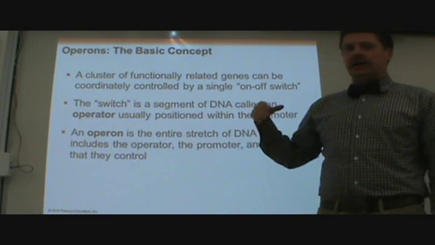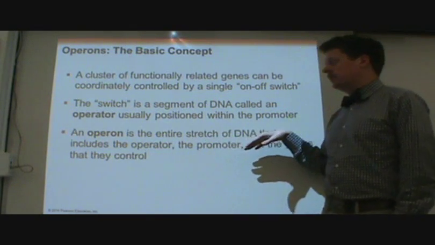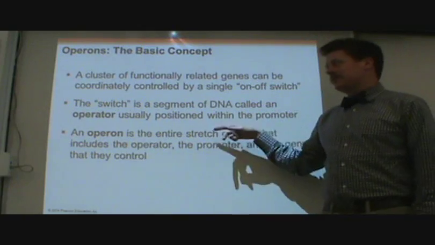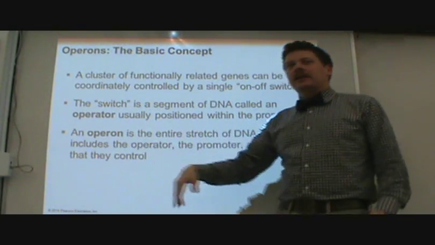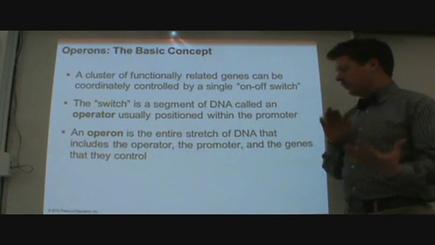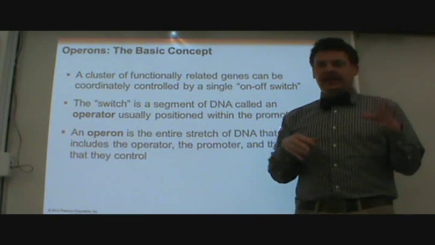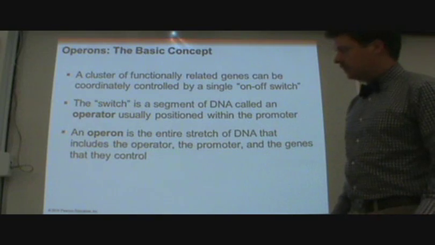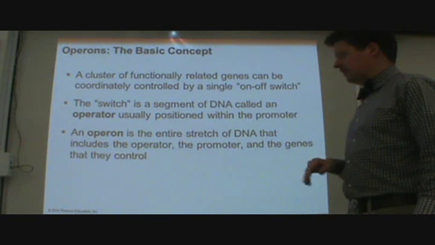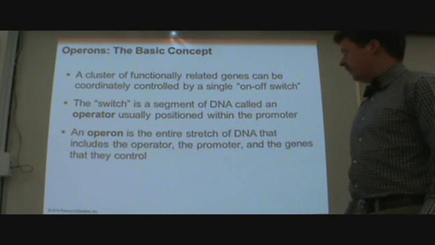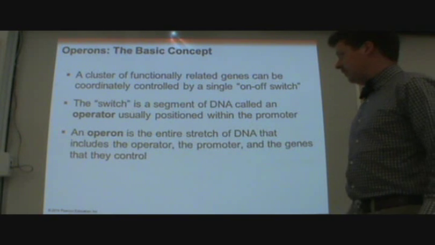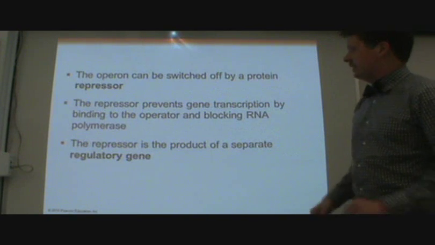Operon is the word we use to refer to the operator, as well as the promoter region and the actual genes that are controlled by that operator. This might sound a little bit crazy, but we'll see some pictures. Or if you have your books out right now, you might be looking at some pictures and it might make a little bit more sense.